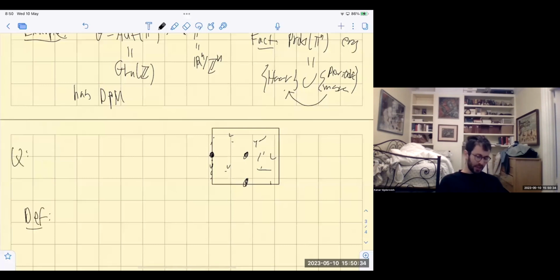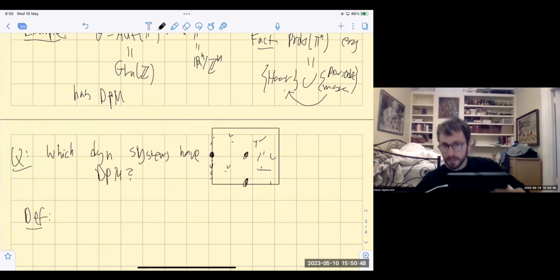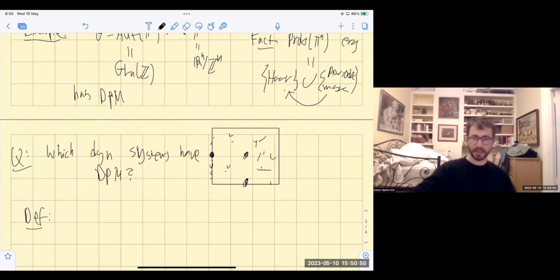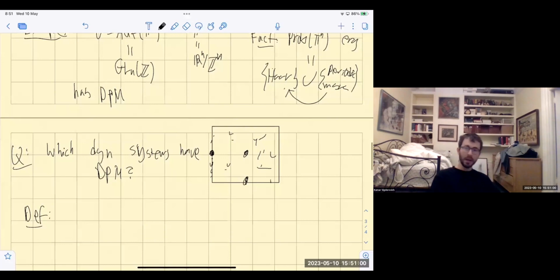Maybe I'll just ask a general question: which dynamical systems have dense periodic measures? This is just a general question that was sometimes studied for many systems. It's not something completely new, but for some reason you don't see it a lot in the literature. But I think it's related to a lot of stuff, and now I want to relate it to a stability property of dynamical systems.